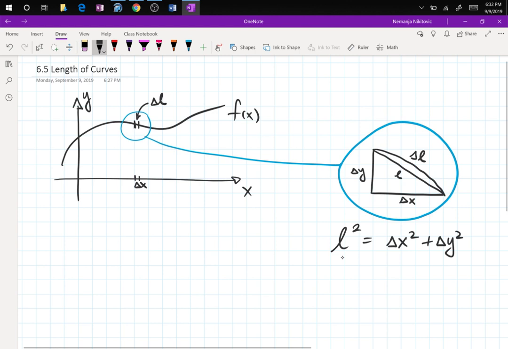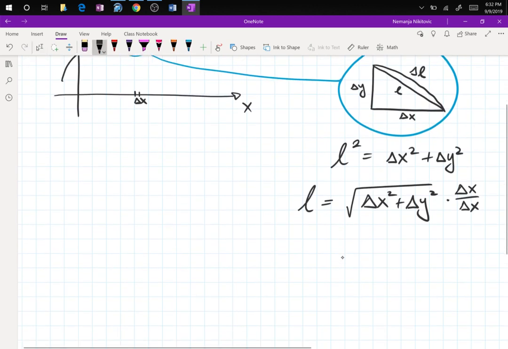So now I have my L over here as the square root of delta x squared plus delta y squared, and I'm going to multiply this by 1 in the form of delta x over delta x.